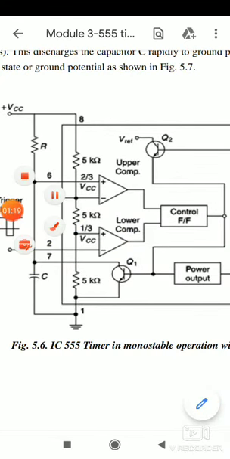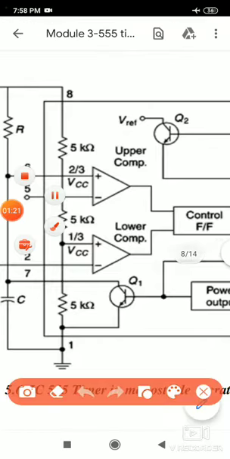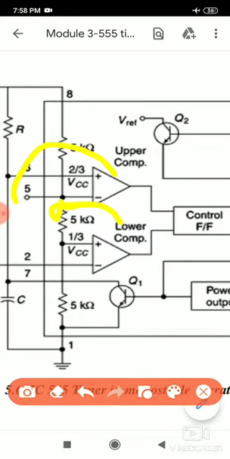Similarly, in the upper comparator, the inverting terminal is connected to node voltage 2 by 3 VCC, and the non-inverting terminal is connected with the capacitor voltage. This capacitor voltage is called the threshold voltage.